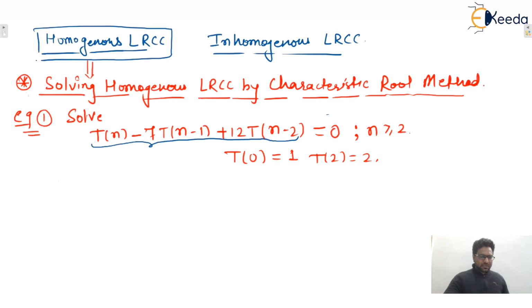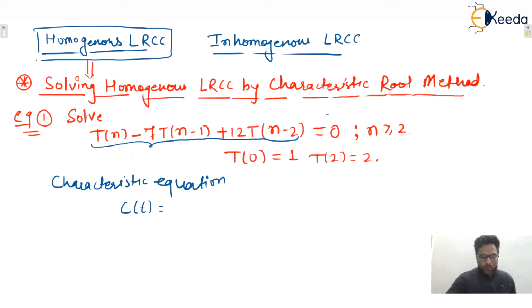So what is the characteristic equation? First write down the characteristic equation in terms of t. So remember guys, what you do: replace the lowest subscript, that is n minus 2, with t power 0, that is 1.